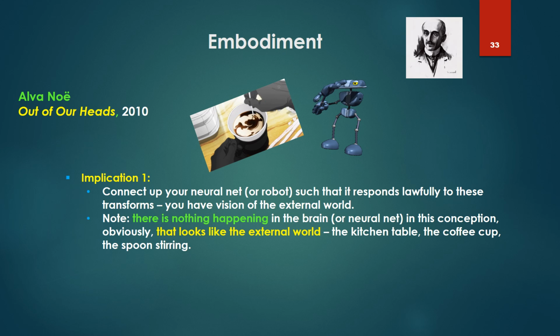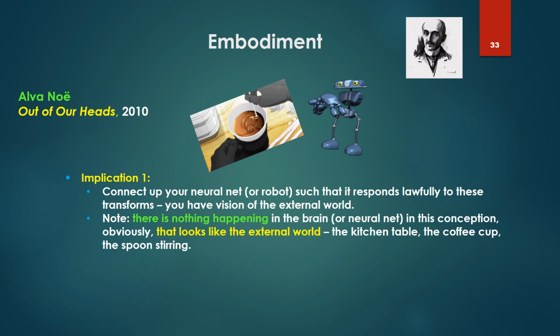Implication 1: connect up your neural net or robot such that it responds lawfully to these transformations of the environment, of the table, and you have vision of the external world.